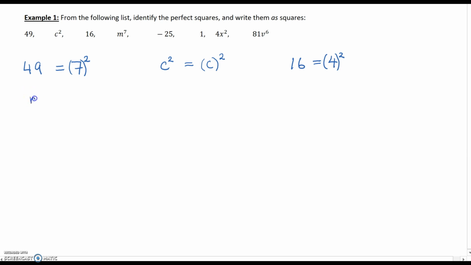Now m to the power of 7 is not a perfect square, and the reason it's not a perfect square is because the power is an odd number.